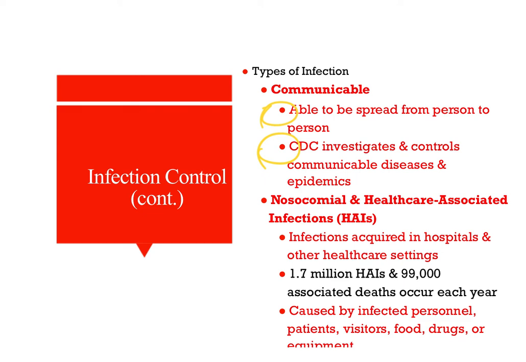All right, let's talk about nosocomial and healthcare associated infections. The first term, nosocomial, is a term that we used to use to describe an infection you got from the hospital.